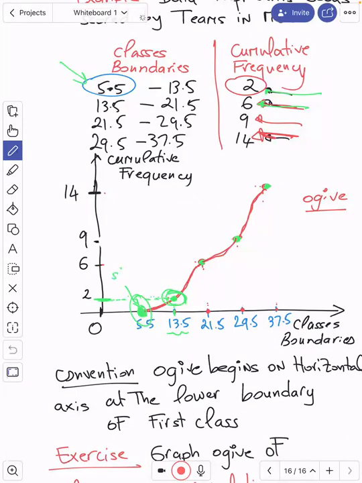So this is your starting point, then the cumulative frequency of the first class, the second, third, and then the fourth. But you always start from this lower boundary of the first class. It's always on the horizontal axis. Okay. Thank you. Sure.